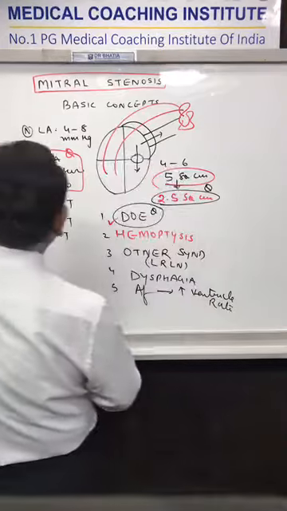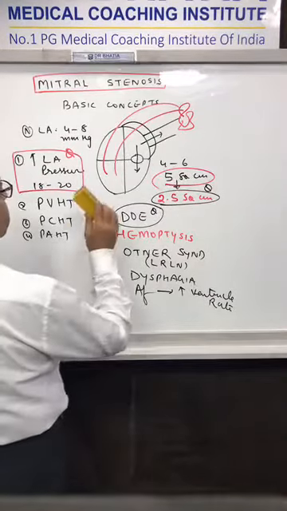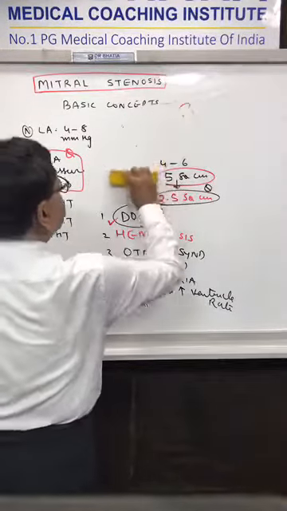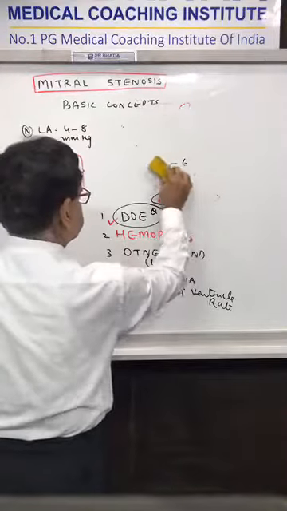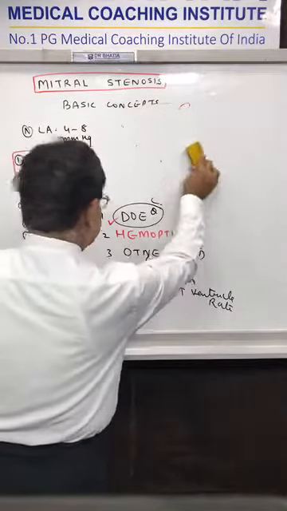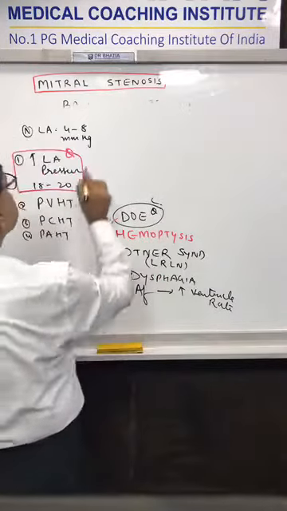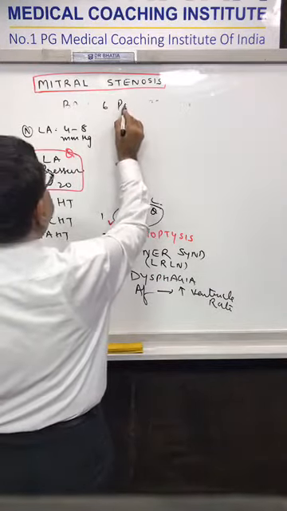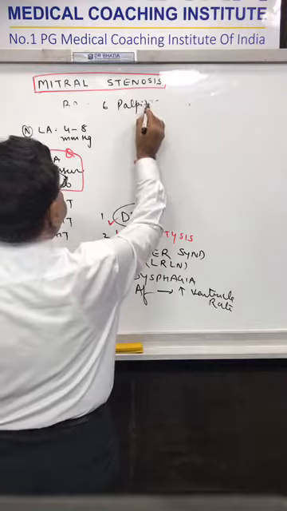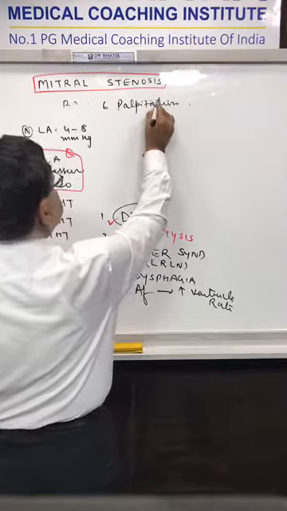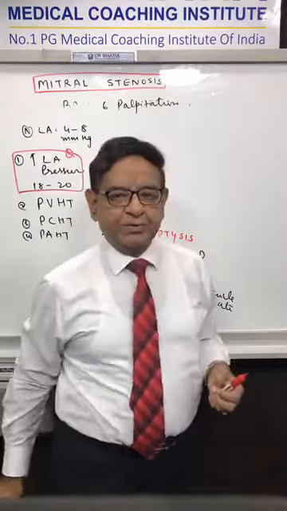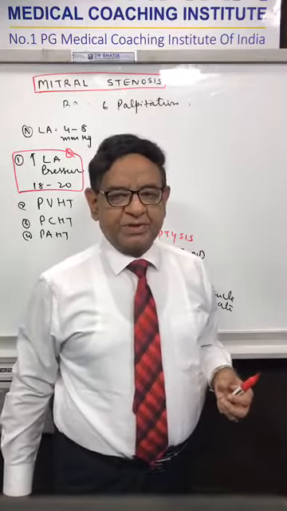And that leads to palpitation. So now patients start complaining of palpitation. Palpitation occurs when the ventricular rate is very, very high due to atrial fibrillation.